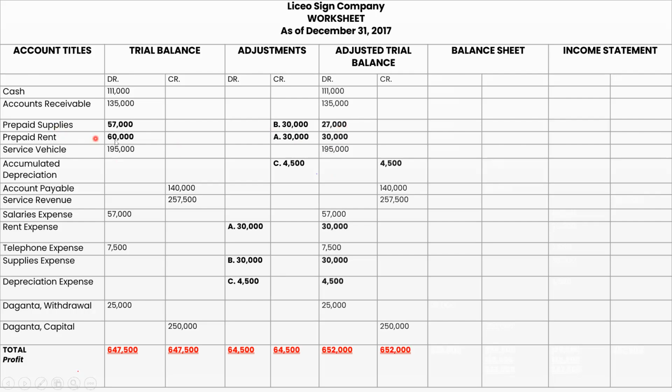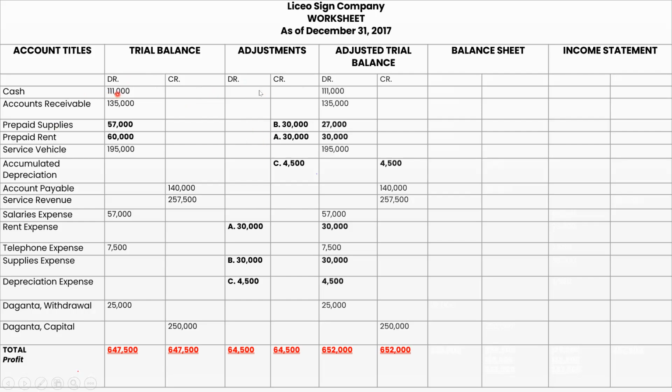Prepaid rent, 60 minus 30, 30,000 also. Please take note: when they are different, like debit and credit, you subtract. But when they are in the same column, debit and debit, or credit and credit, you add. If they are opposite, it is a subtraction, okay?